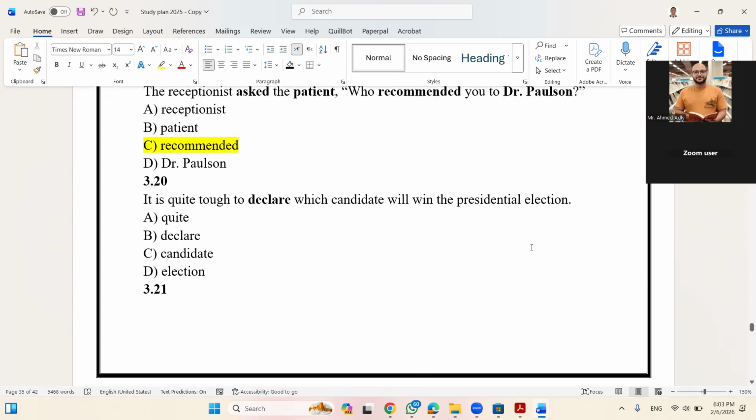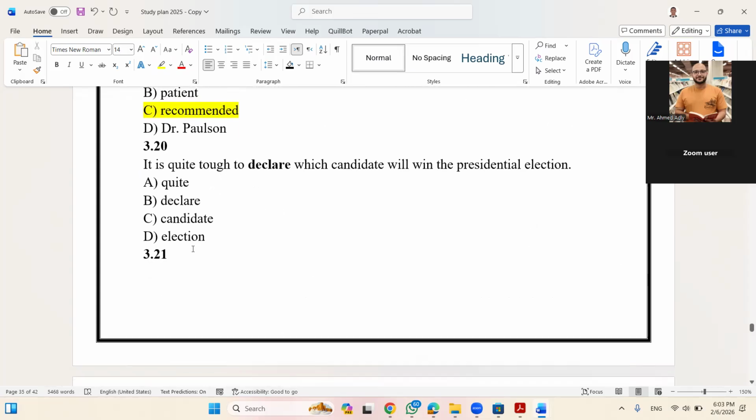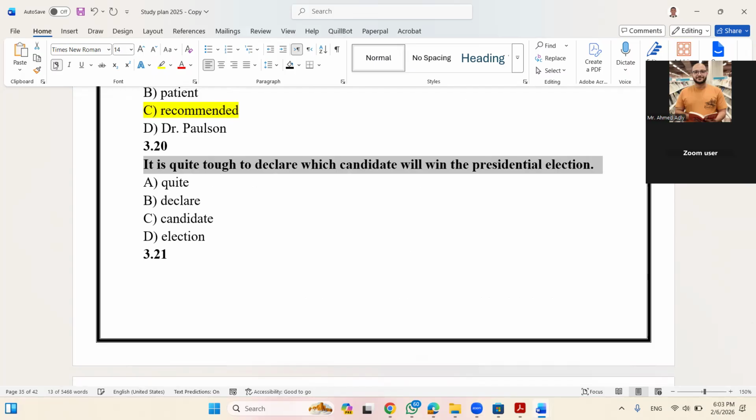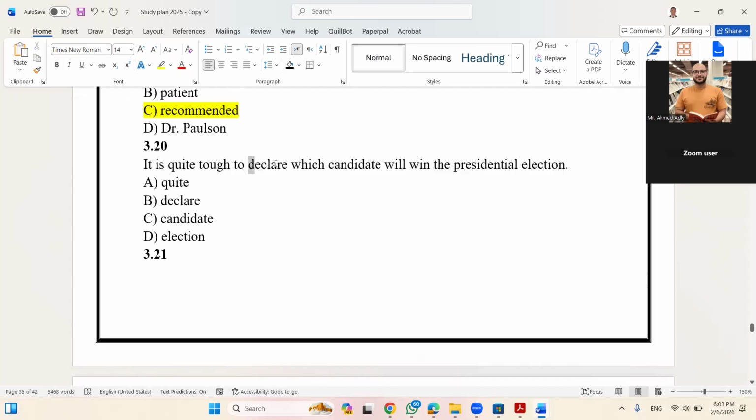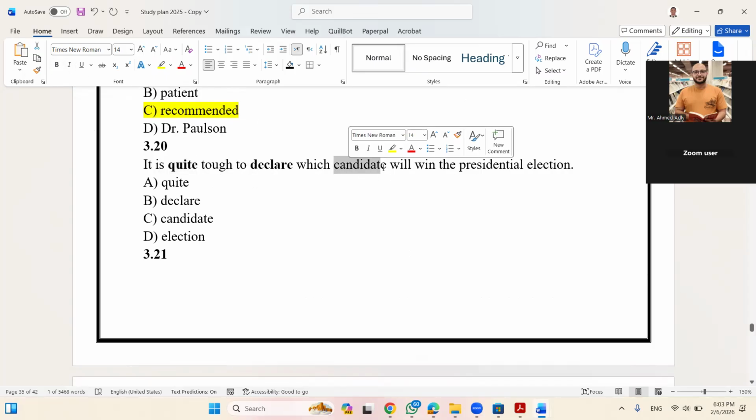Next. It is quite tough to declare which candidate will win the presidential election. Good.